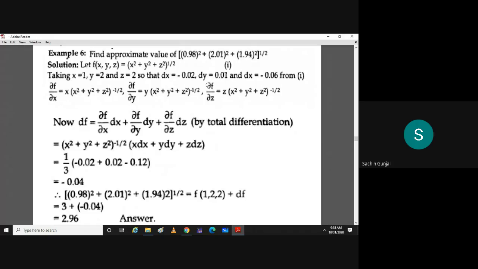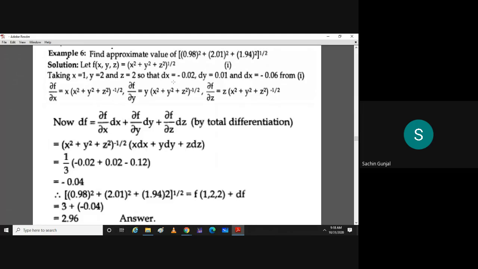Then del f by del z is z into (x square plus y square plus z square) raised to minus half, and dz is also minus 0.06. So substitute these values. You can take (x square plus y square plus z square) raised to minus half out. So you will have x dx plus y dy plus z dz.